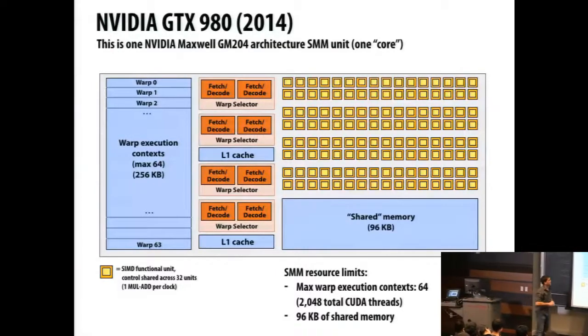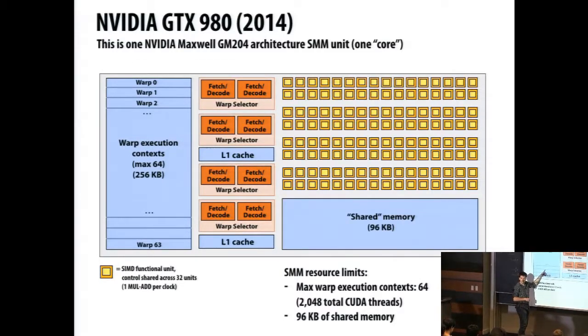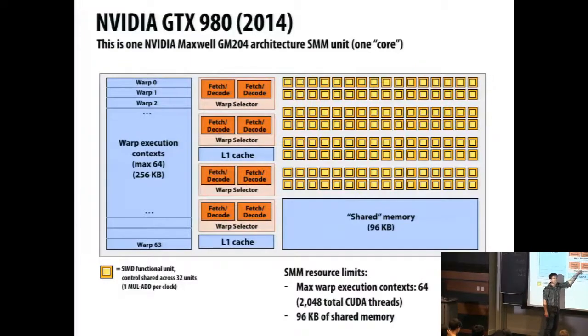Each of those instruction streams is going to run 32-wide instructions, and only 32-wide instructions. So the chip is pretty simple. I have 64 instruction streams to choose from. Every clock, I have the ability to select 4 of the 64 and run them. And I have the ability to actually do ILP within each of those instruction streams, so I can dispatch up to 2 instructions from any one instruction stream per clock.